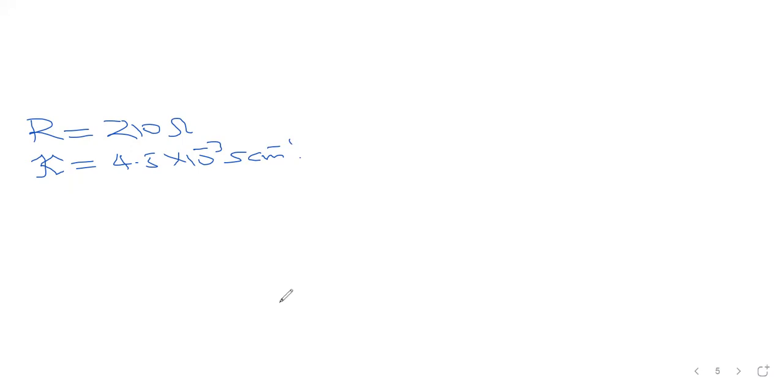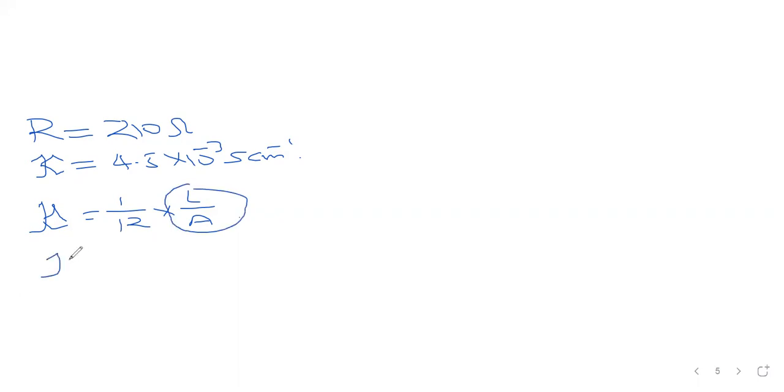Is it enough to get the cell constant? Yes. Just get a way of finding a relationship between these two. You are aware that kappa is 1 over R times the cell constant, which is L over A. Now they're asking us this one.